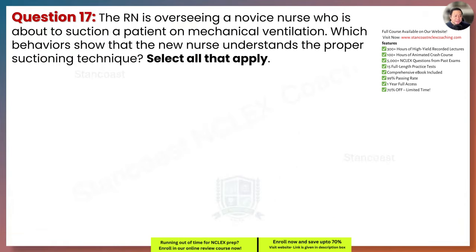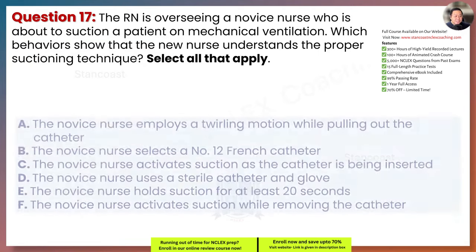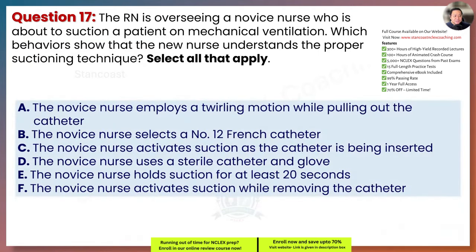17. The RN is overseeing a novice nurse who is about to suction a patient on mechanical ventilation. Which behaviors show that the new nurse understands the proper suctioning technique? Select all that apply. Options. A. The novice nurse employs a twirling motion while pulling out the catheter. B. The novice nurse selects a number 12 French catheter.